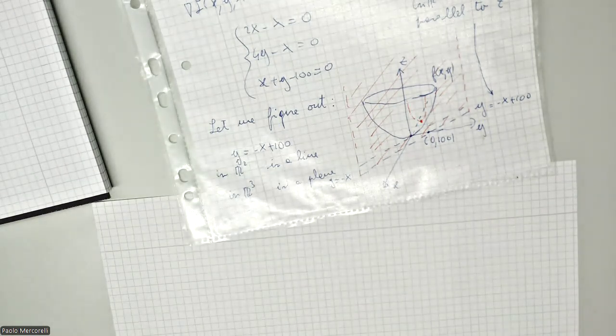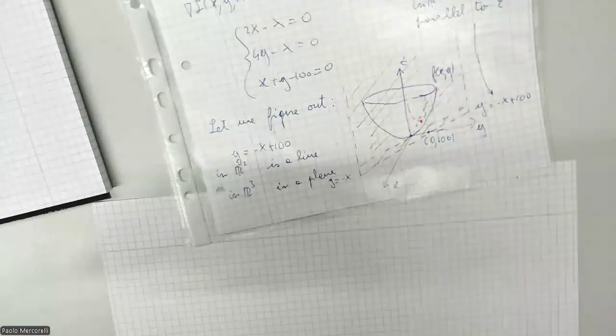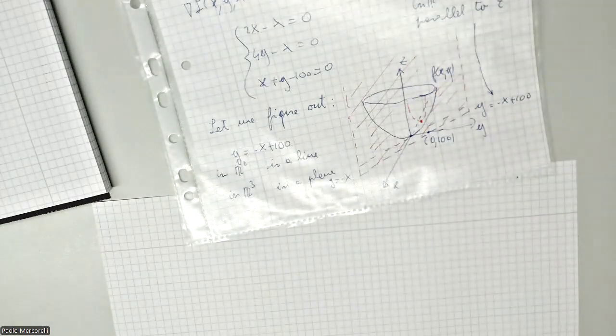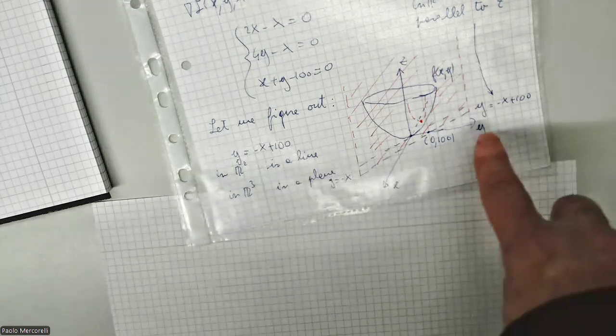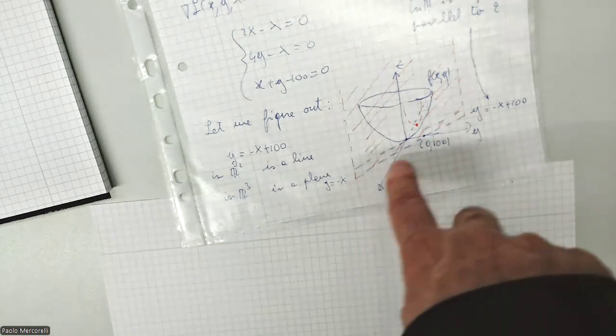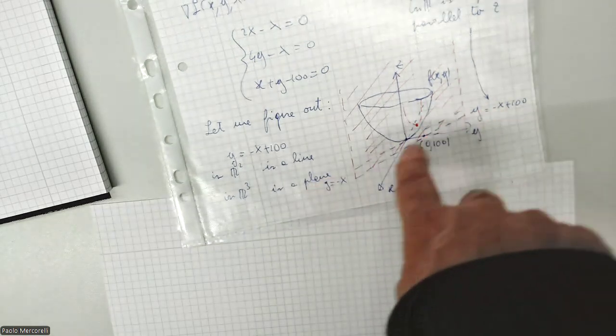Because if I consider this expression in 2 dimensions, in which I don't consider at all the existence of another dimension set, it's clearly a line. Gymnasium, Math 1, Math 2, I don't know. Y equals minus x plus 100, I think no problem to draw. It's exactly what you can see here with this dashed blue line.